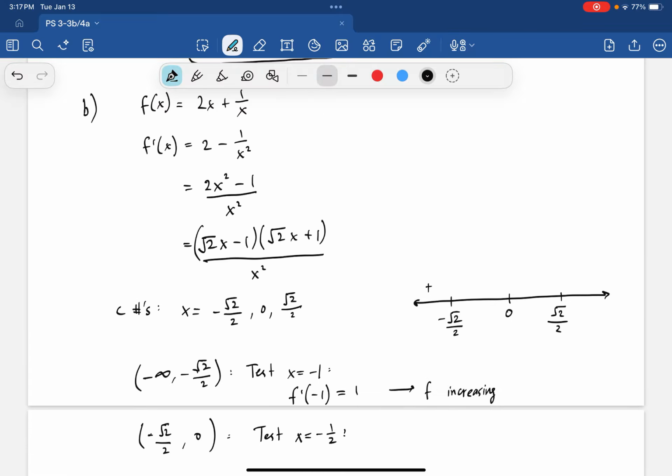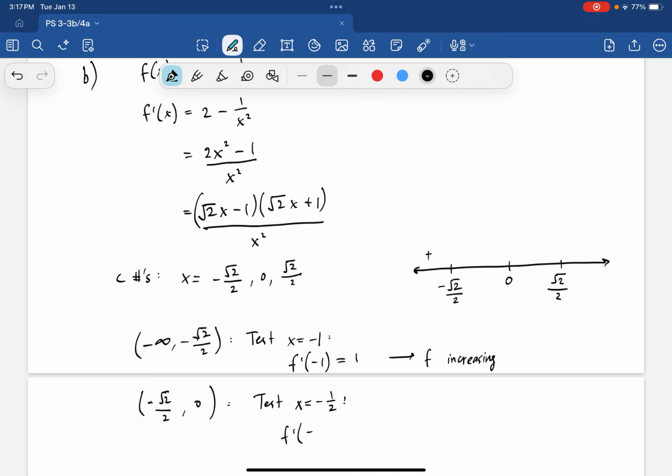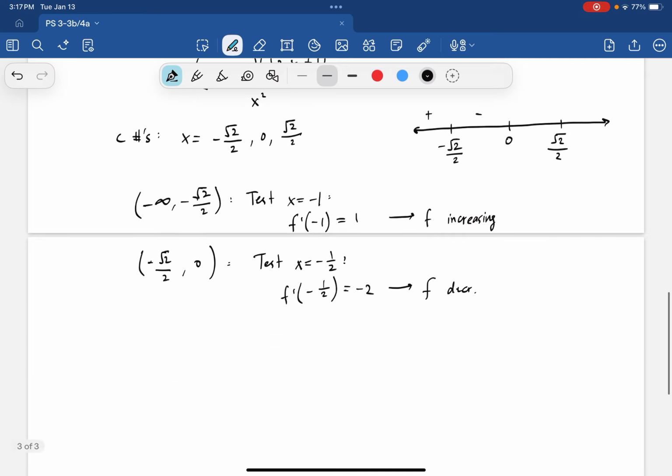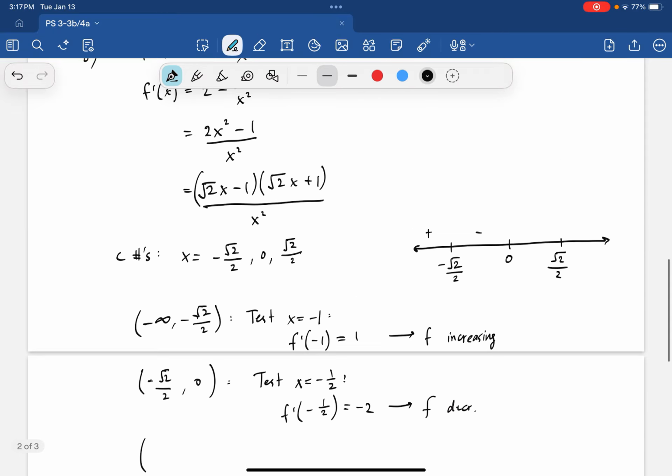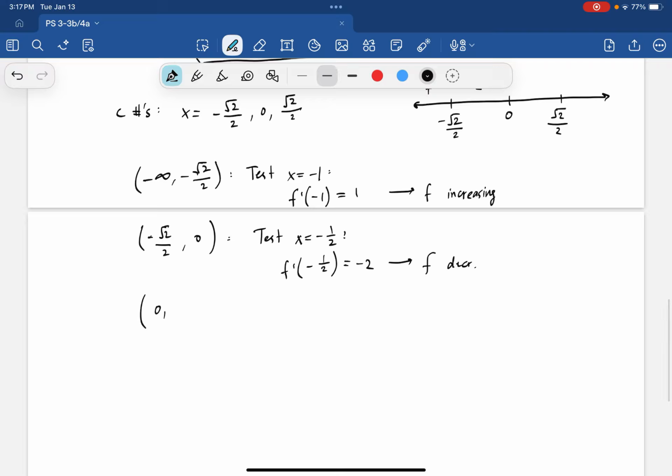So if we tested negative 1/2, we get f prime of negative 1/2 is equal to negative 2, I think. The rest is the same, almost.